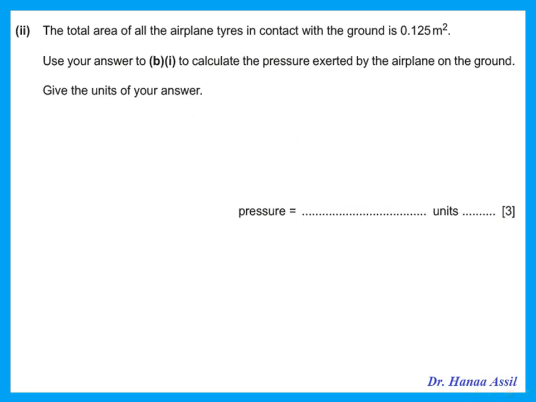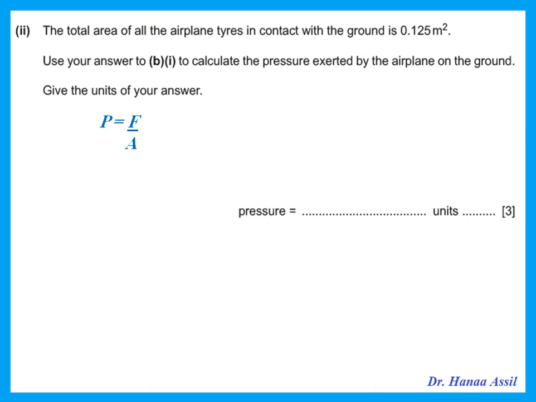The total area of all the airplane tires in contact with the ground is 0.125 meters squared. Use your answer to B1 to calculate the pressure exerted by the airplane on the ground. So we want to calculate pressure. How do we calculate pressure?